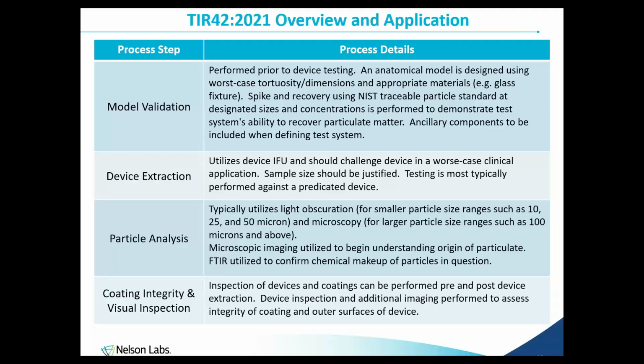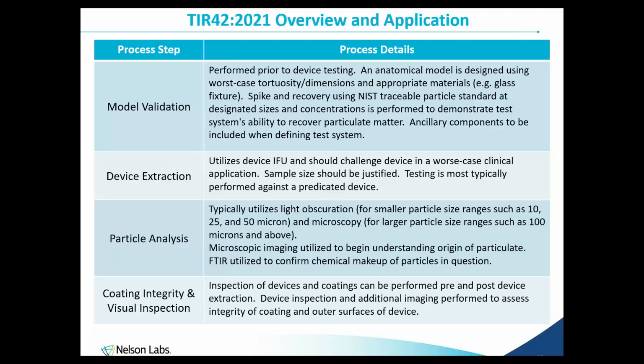It provides guidance on particle ranges to assess, so not just 10 and 25 micron, but 10 micron all the way up to 500 or 1,000 plus micron. It also introduces both methods of analysis: light obscuration, which is the automated method, as well as light microscopy, which is the manual method. Both have their own pros and cons and inherent flaws, if you will.